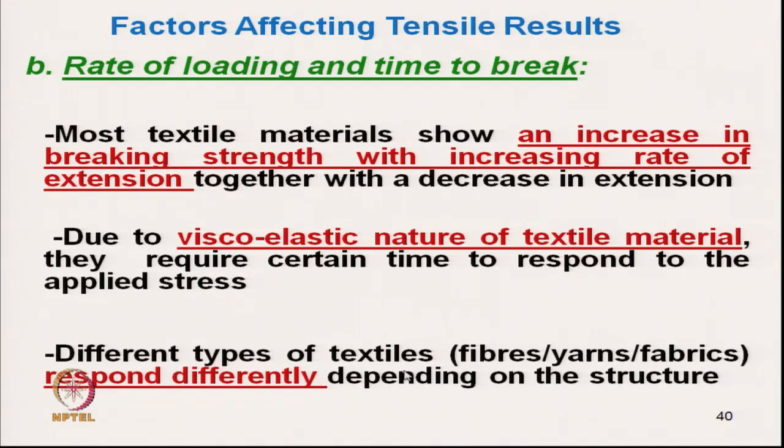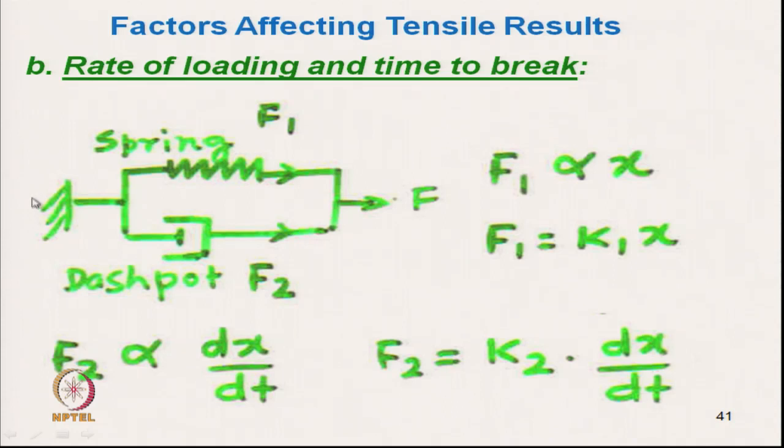Different types of textile material like fiber, yarn or fabric respond differently depending on the structure. But in general the structure is like this, called the spring dashpot model. In the spring dashpot model, it has two components.